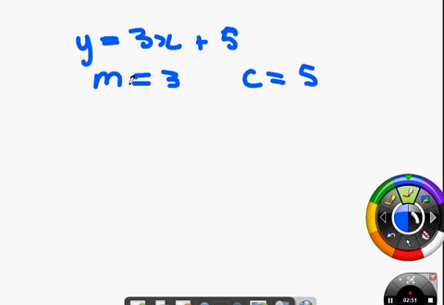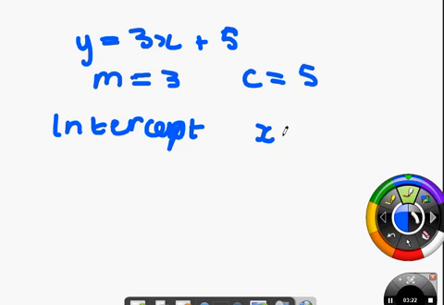So generally, to plot this, it's quite easy. Normally we don't use the gradient to plot the graph, but we normally just find the intercepts. So that's the best thing about the straight line equation. The easiest intercept to find is when x is equal to 0.